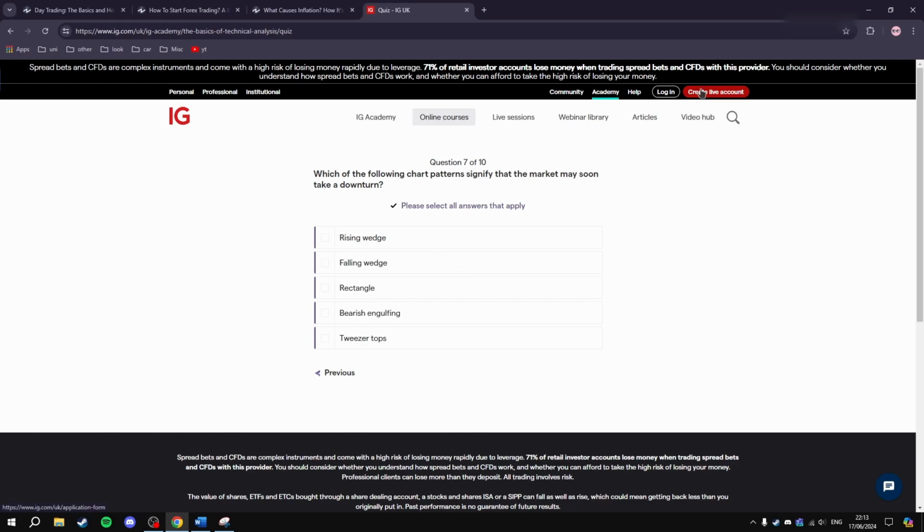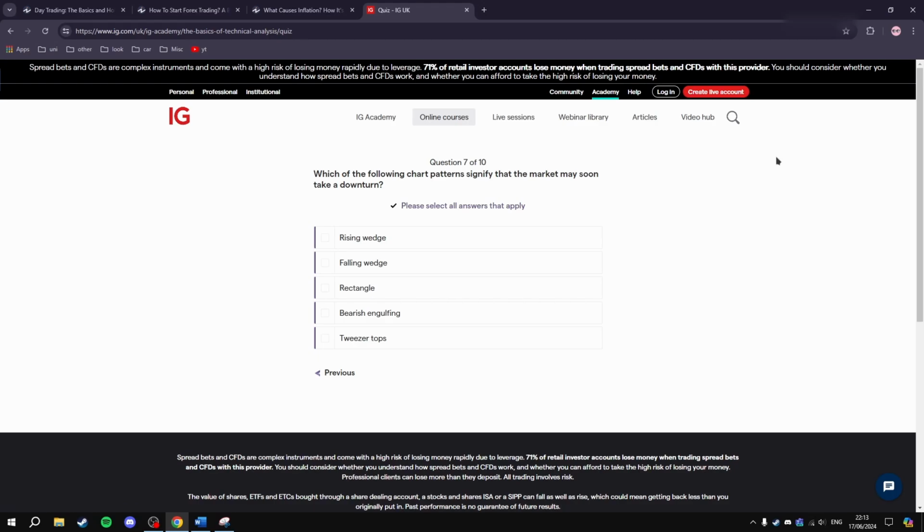Which of the following chart patterns signify that the market may soon take a downturn? Right, okay. It's definitely not the rectangle, because that forms during a consolidation period, and it would continue the trend of whatever it was before the consolidation period.